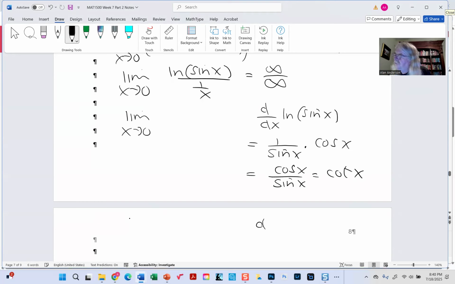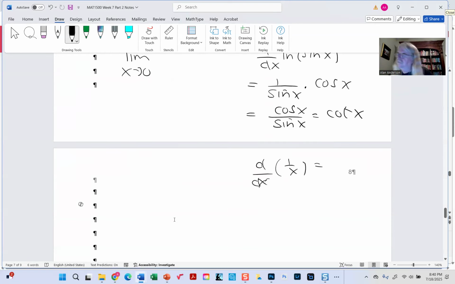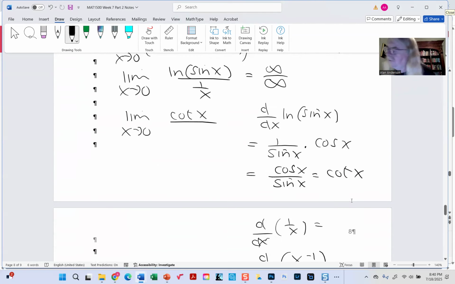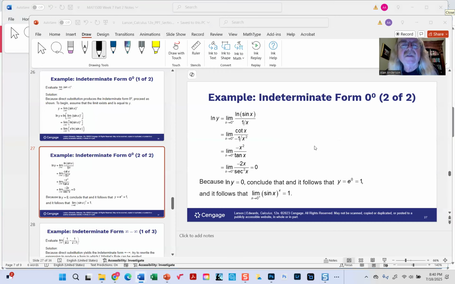The derivative of 1 over x is the derivative of x to the minus 1. Okay, so that means we can rewrite this as cotangent x over minus x to the minus 2. Yeah, so that's still going to give us a problem.